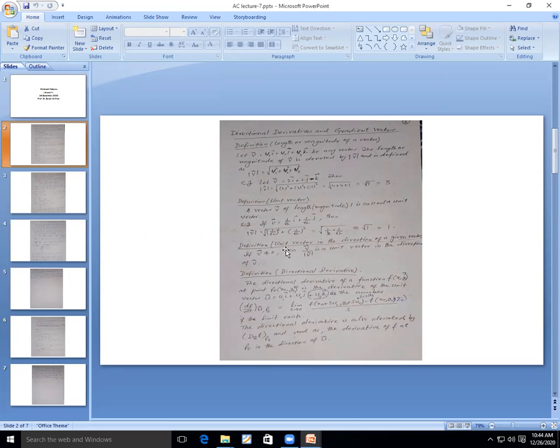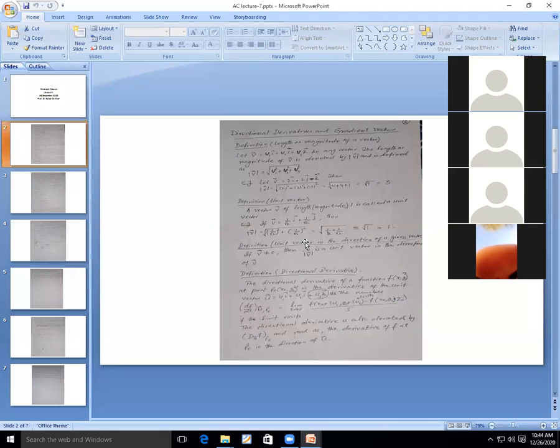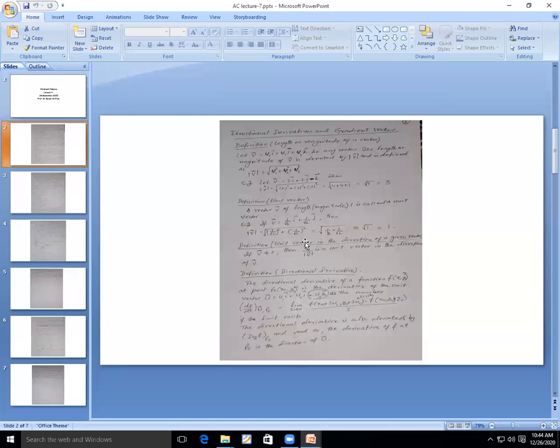Next, we recall the definition of unit vector in the direction of a given vector.